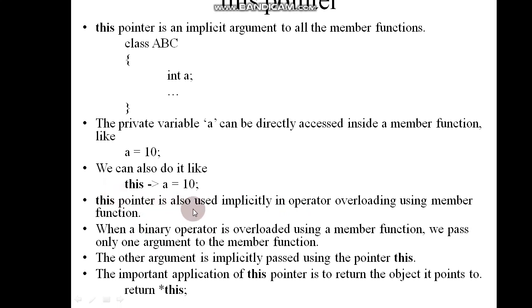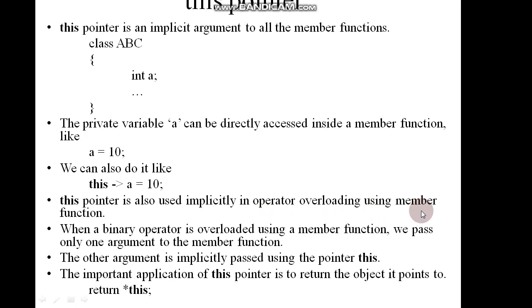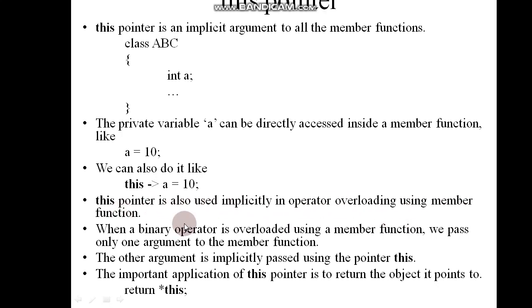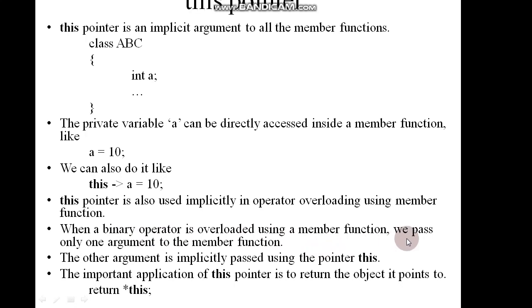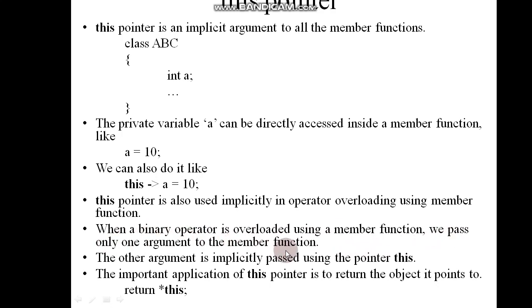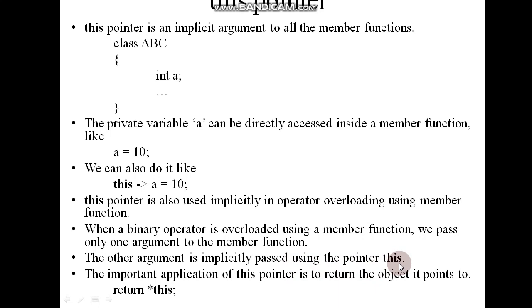This pointer is also used implicitly in operator overloading using member function. When we overload an operator function and it is defined as a member function, and if the operator is a binary operator, we pass only one argument to the member function because the other argument is passed implicitly, and this is done using this pointer.